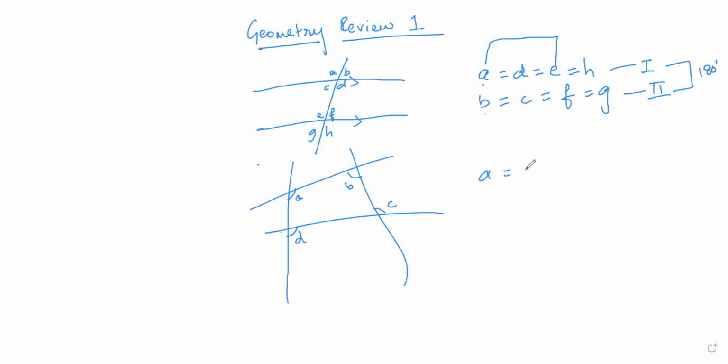So if I tell you A is 110 degrees, B is, let's say, 100 degrees, then would you be able to tell me the value of C plus D? We don't know whether these lines are parallel or not. So what is C plus D equal to?